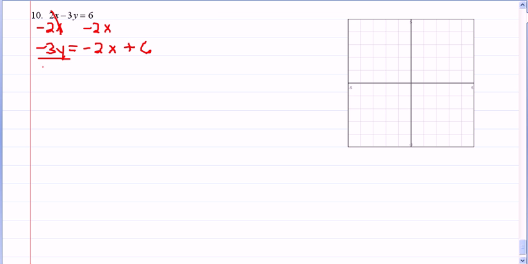And then we divide by y's coefficient of -3. Everything gets divided by -3 so that I just have y equals, and that's now in function form. -2x over -3, the negatives cancel and I have 2/3 x. 6 over -3 is -2, so I have -2.